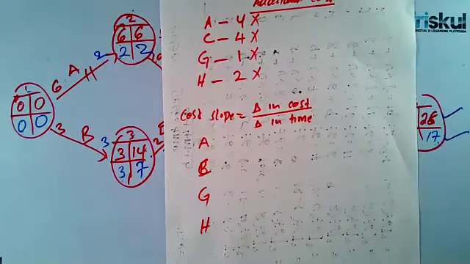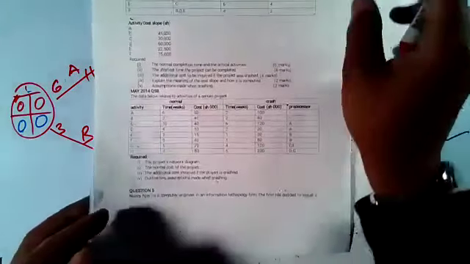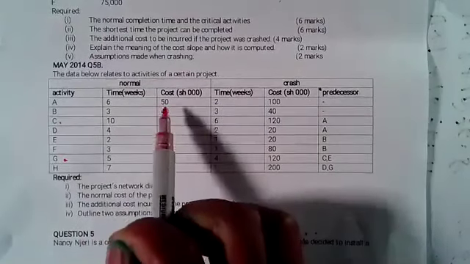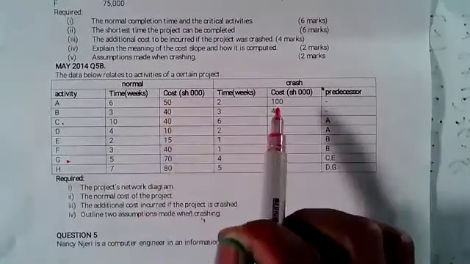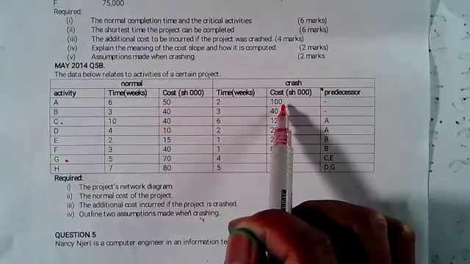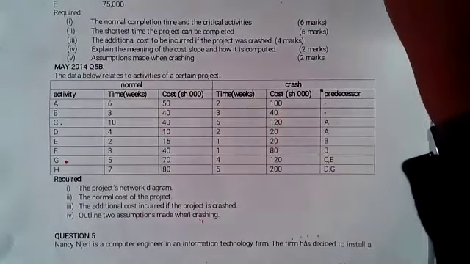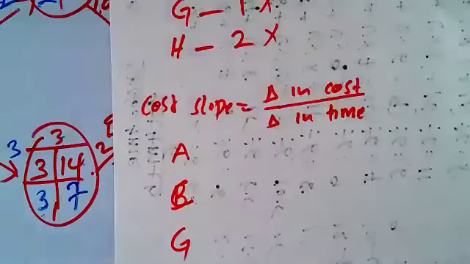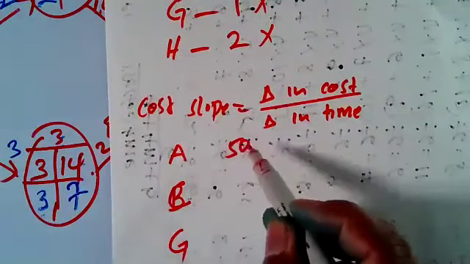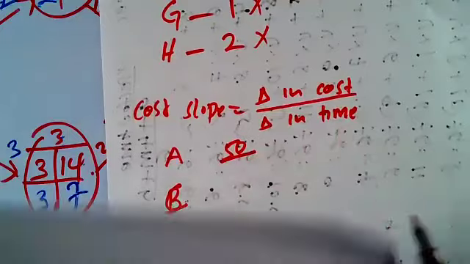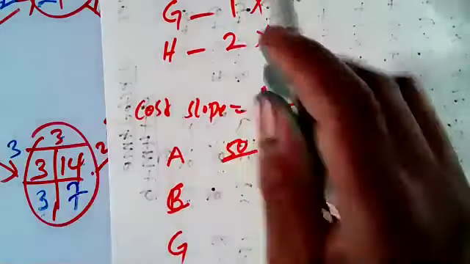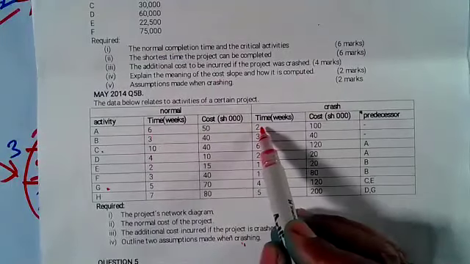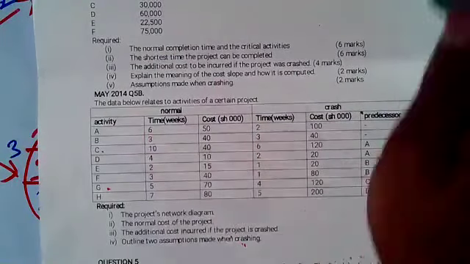Let's start with A. The normal cost was 50, but if you crash, it's 100. So the change in cost is 100 minus 50, which is 50. Then you divide by the change in time, which is 4. That means 6 and 2. The change in time is 6 minus 2, which is 4.